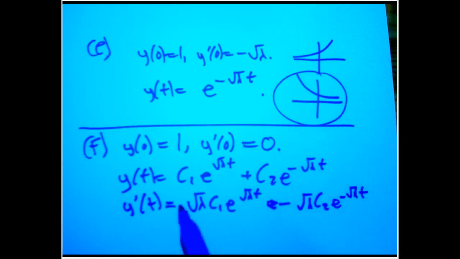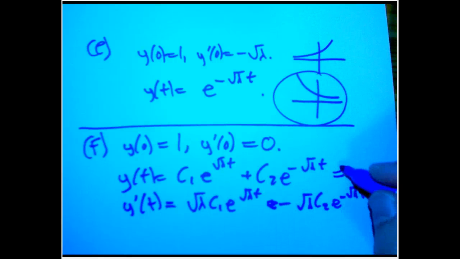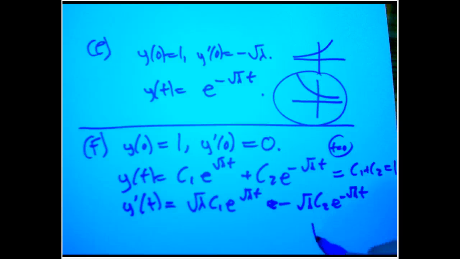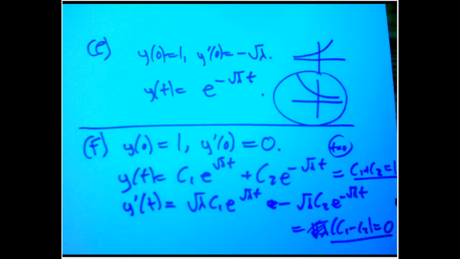And then the great thing is I'm plugging in 0 everywhere here. Okay, so if I plug in t equals 0, I'm going to get c1 plus c2, and that's supposed to be 1. And this whole thing is root lambda times c1 minus c2, and that's supposed to be 0. Well, luckily the root lambda cancels out. This says c1 equals c2, therefore they're both equal to a half. Okay, so c1 equals c2 equals 1/2.